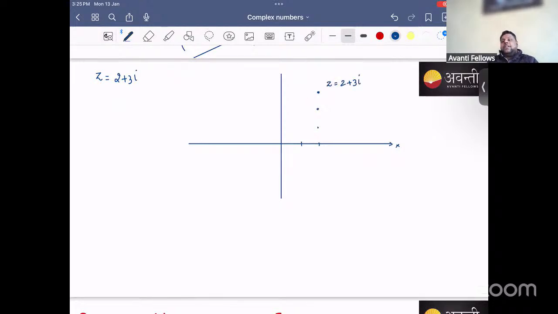In coordinate geometry, we would write it 2 comma 3. If this was z1, there is z2, that is minus 3 plus 2 iota. So this is z2, that is minus 3 plus 2 iota. Understood? So this is how we represent a complex number in the Argand plane.